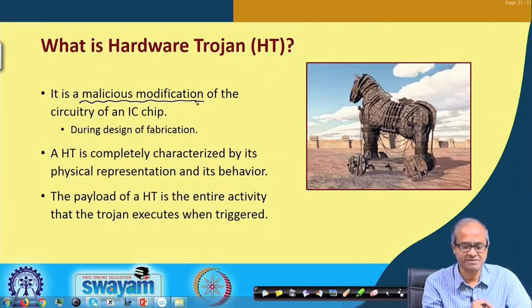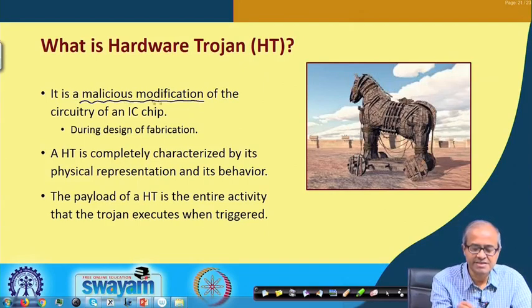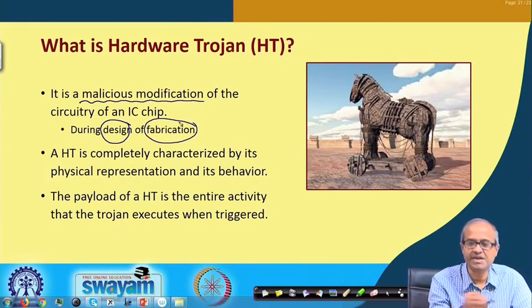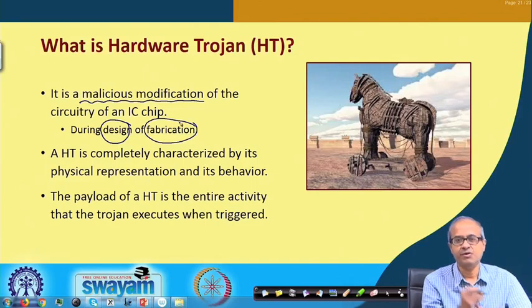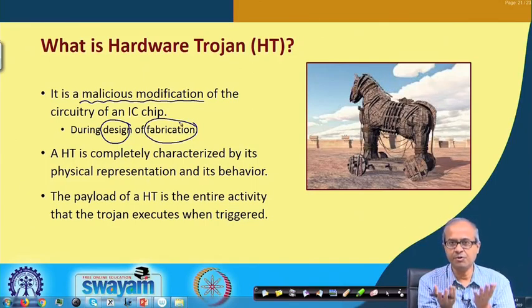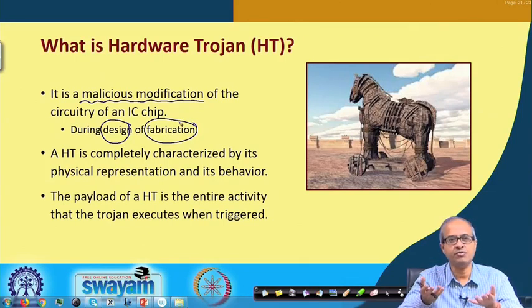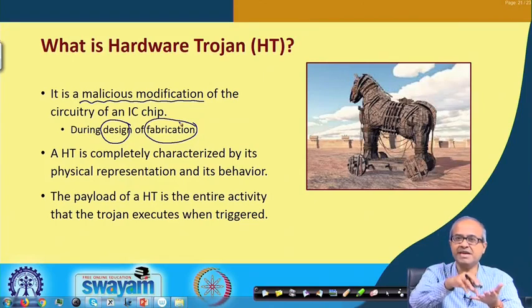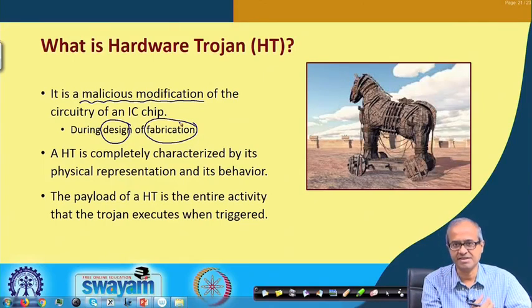This is malicious, and this modification can happen during design or it can happen during fabrication also. When you are designing the circuit, you may not be aware that someone has modified your design, and when you are finally sending your design for fabrication to a fab, there also when your chip is getting fabricated, you really do not know what is happening there, maybe something extra is also getting fabricated inside that chip.